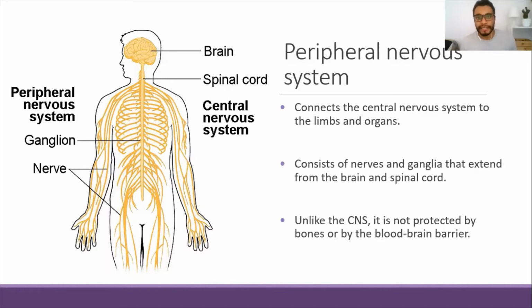On the other hand, the peripheral nervous system is not protected by those structures. So this makes the peripheral nervous system somehow more exposed to injuries like trauma or even injury to toxins, for example. So the peripheral nervous system can be more susceptible to injuries.